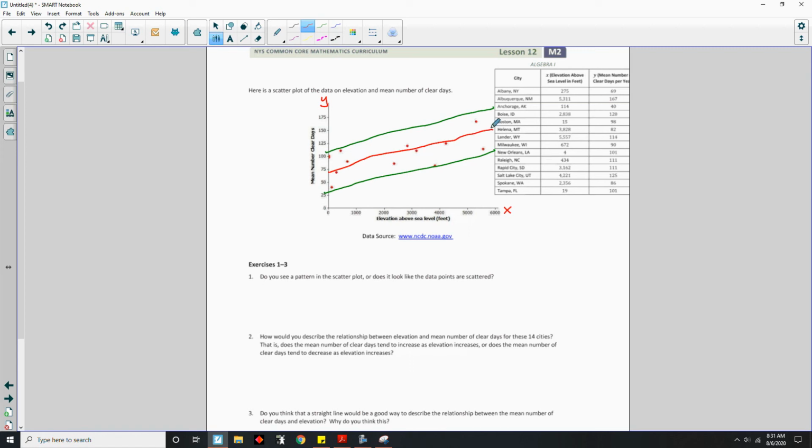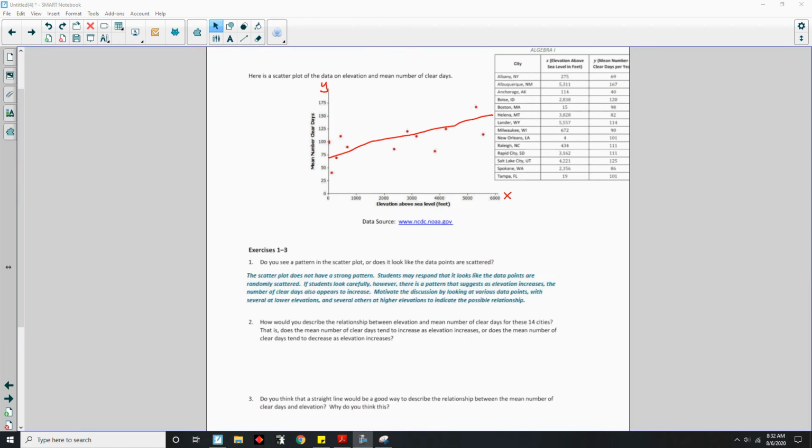We don't do the two lines, but I just wanted to show you that that's the range that they fell in, and the average line would be somewhere around here. So yes, there is a pattern in the scatter plot, and it looks linear.